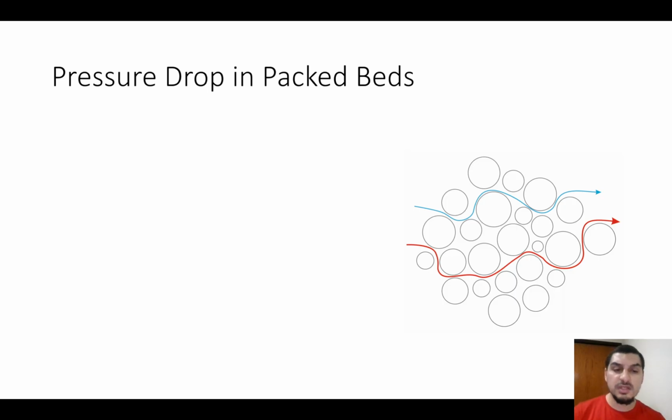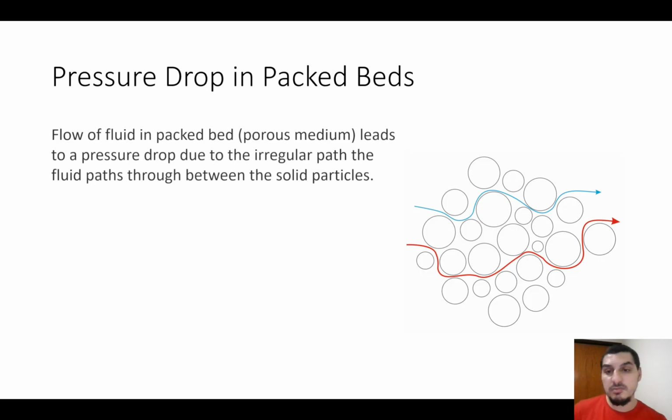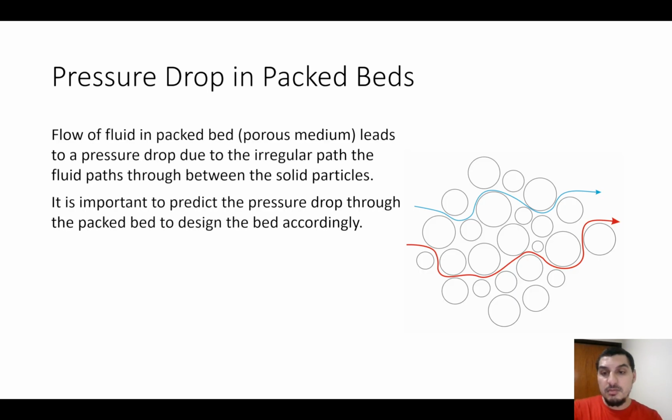It's how much money you want to put in the pump that you are going to use, and also in the operating cost. It's not just how expensive or cheap the pump is, it's also how much money you're going to put in operating this pump. So it is very important to know how to measure the pressure drop.